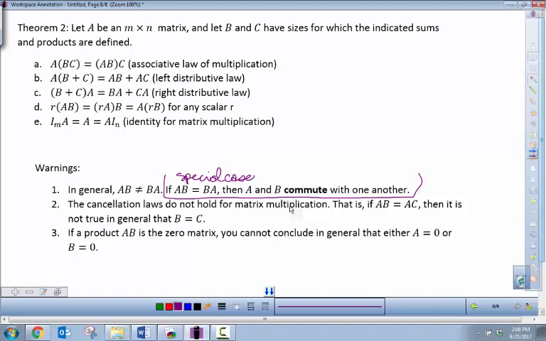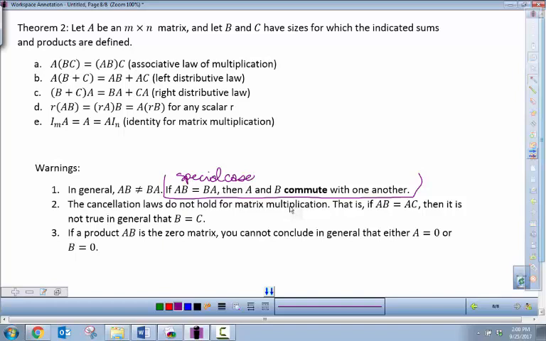The cancellation law doesn't hold. You know, we got 2x equals 2y, you cancel the 2's. That was easy back in algebra. In matrix multiplication, you can't just cancel something out. So if AB equals AC, you can't just get rid of A and say B is equal to C. That's not necessarily true. And also the zero property doesn't hold.